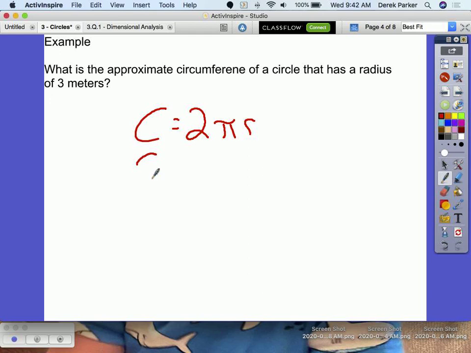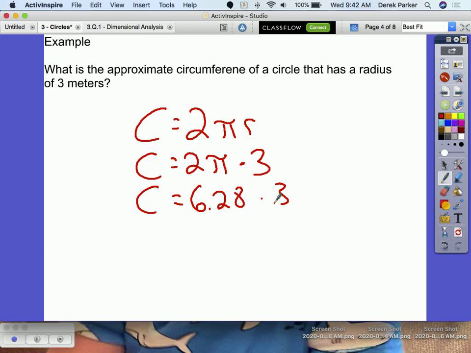Now I'll plug it in. C equals 2 pi times 3. C equals 2 times 3.14 gives me 6.28. Now multiply that by 3, and I get C equals 18.84.